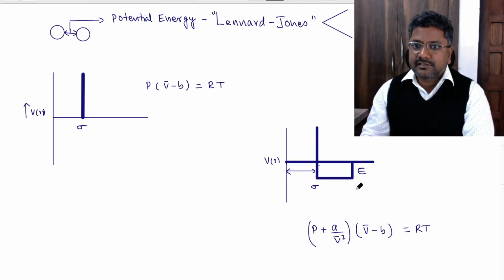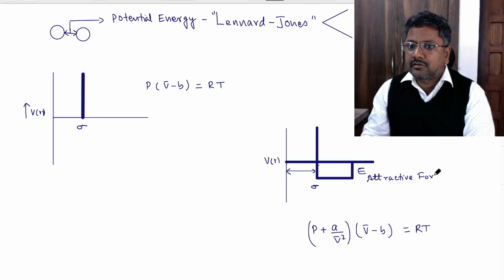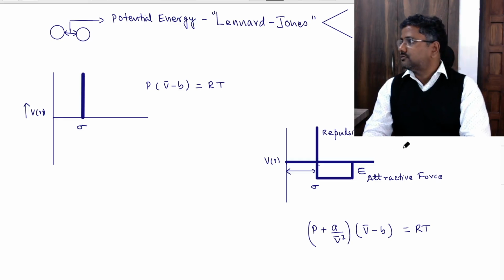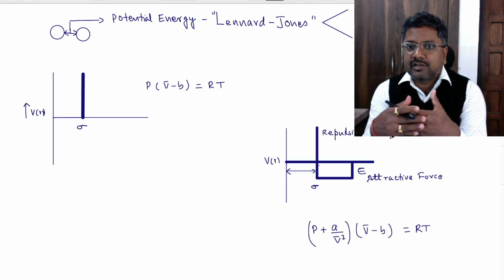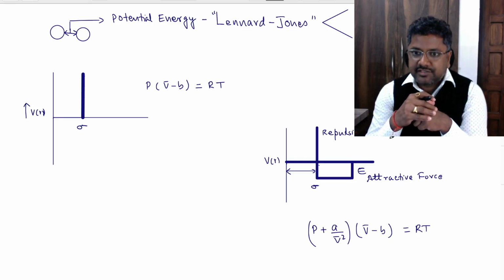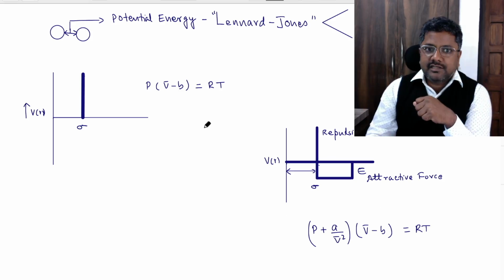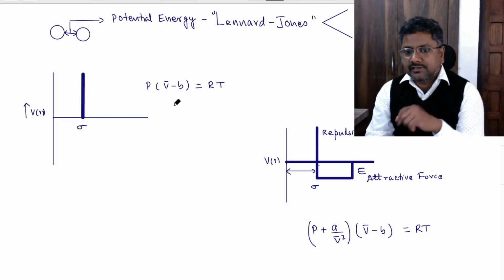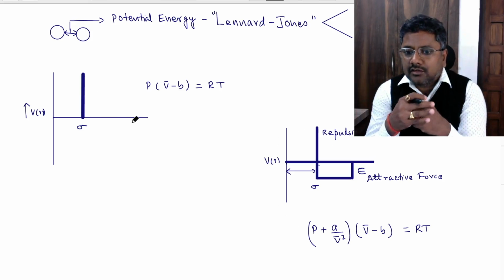See here, this is the attractive force and this is the repulsive force. If only repulsive, then your potential energy variation is like this, with the molecular collision.